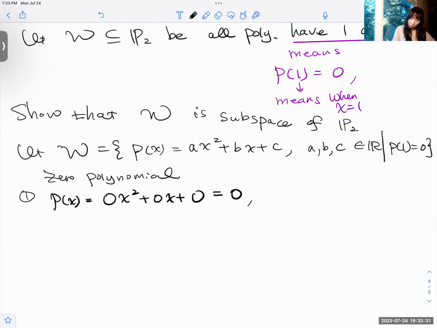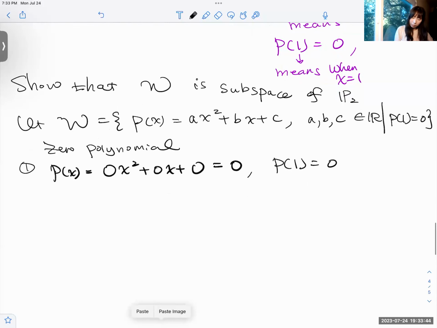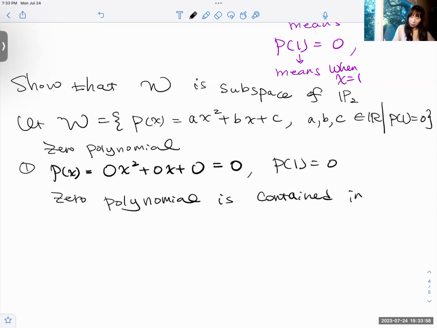So we get p of 1 equal to 0, right? So the 0 polynomial is contained in W.